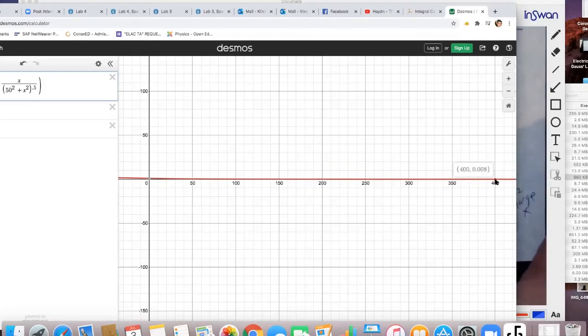Okay, yeah, 0.0075. You see that? We're starting to approach the 1 over distance squared, because 0.03 divided by 4 is 0.0075, and I'm almost at 0.0075.